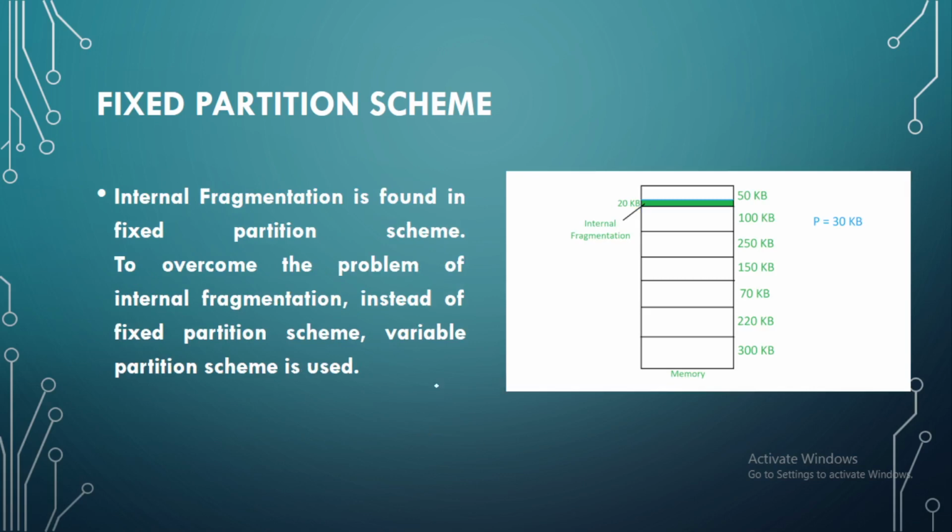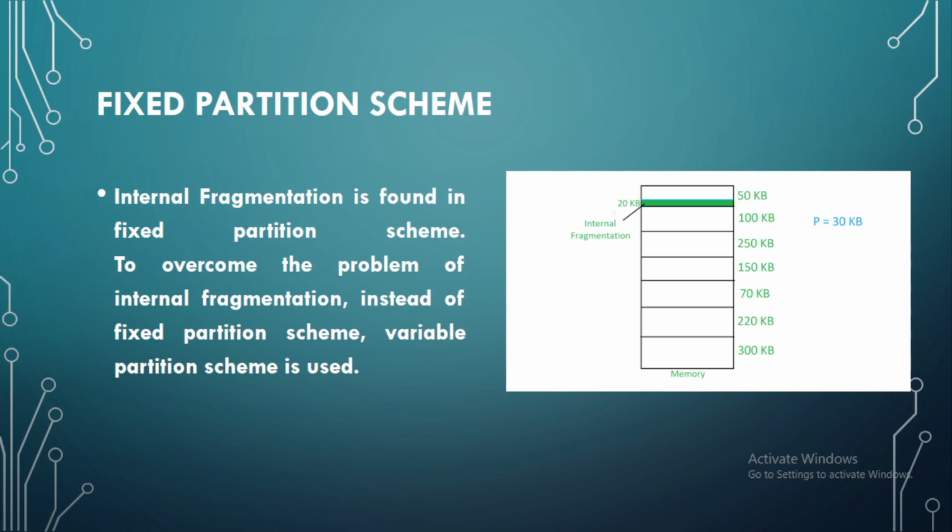You can see in this example that a process needs only 30 KB of memory. These are all fixed partitions, so we allocate the entire 50 KB partition to that process. So 20 KB is internal to the process, but it is not used by the process.